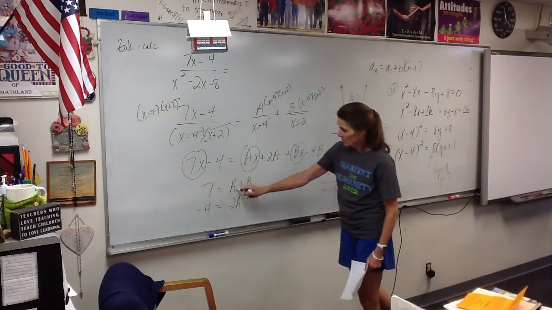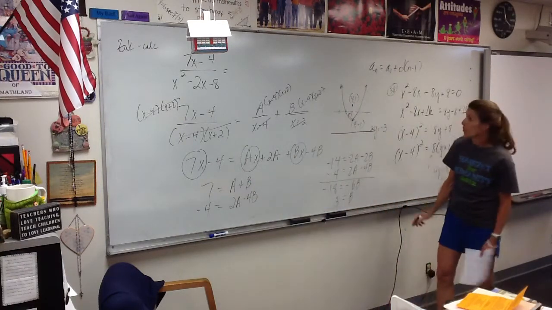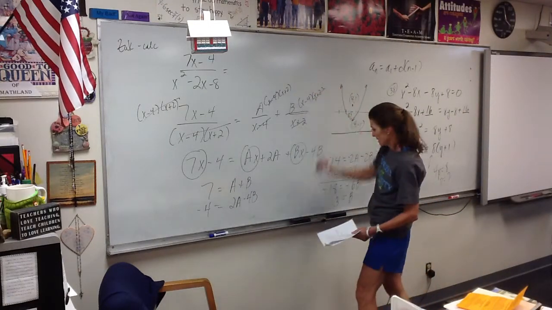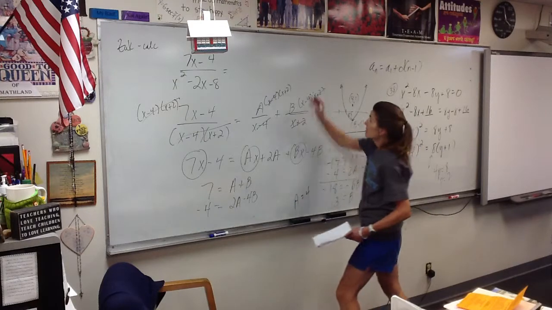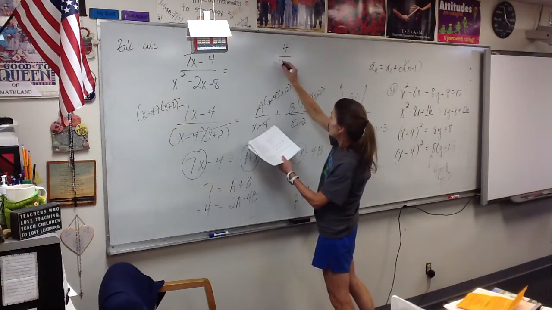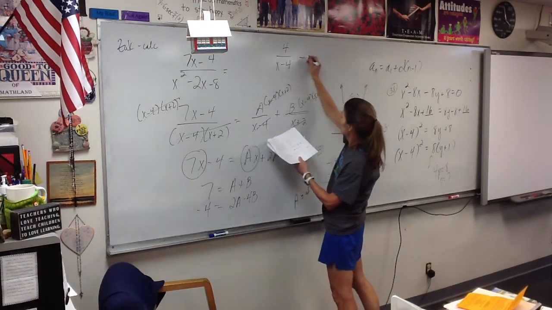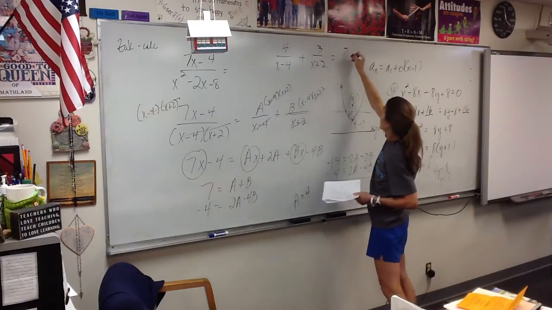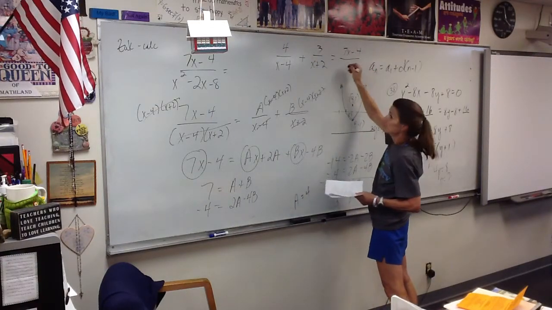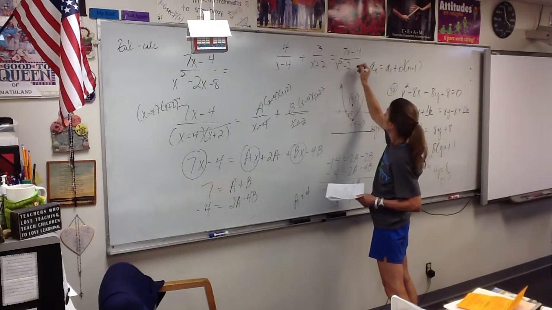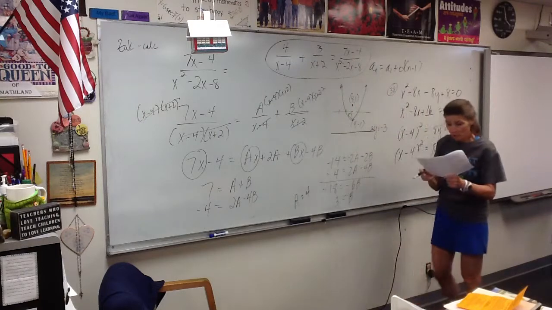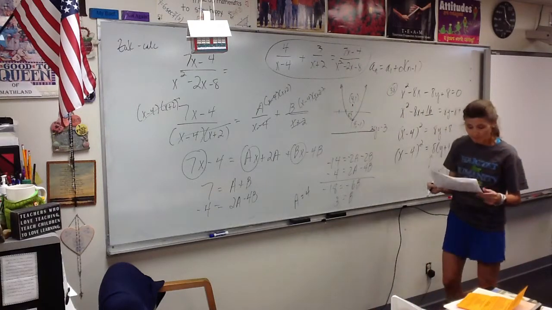And if b is 3, then a is 4. So our answer is 4 over x minus 4 plus 3 over x plus 2 equals our original problem. And that is the answer to the partial fraction decomposition.